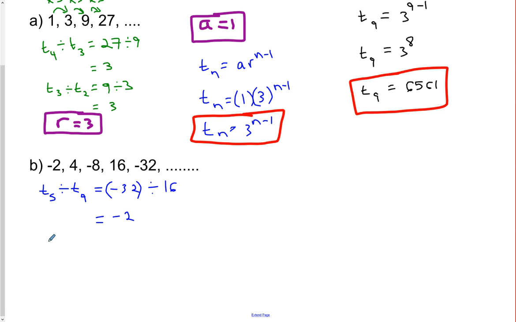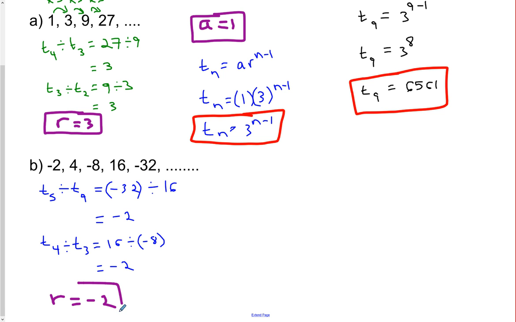Let's try another one. Let's do my fourth term divided by my third term. My fourth term is 16. My third term is negative 8. Positive divided by a negative gives us a negative answer. Again, it's negative 2. So it looks like my common ratio is negative 2.